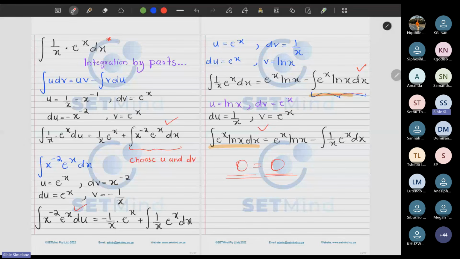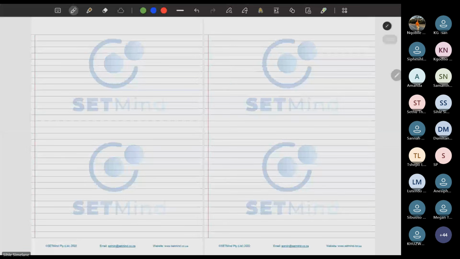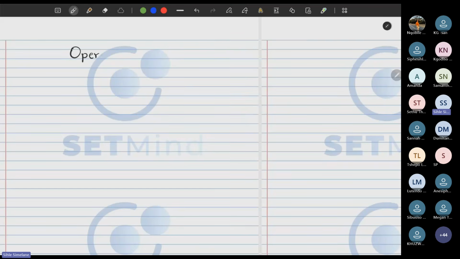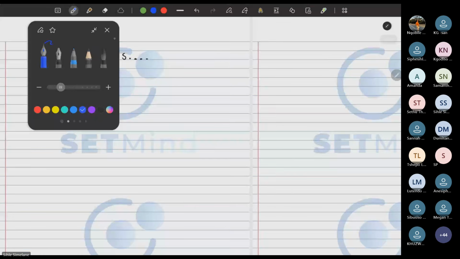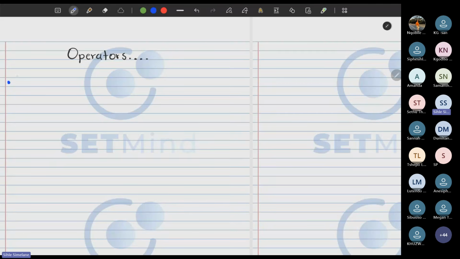And the last part has to do with something that they call operators. So I'll try and keep it brief. For operators, guys, we have a couple of operators that you should be aware of. You should remember that we have an operator that is called the integral.